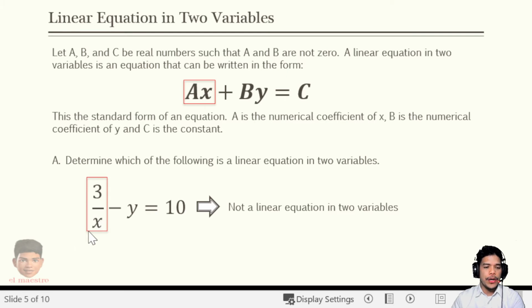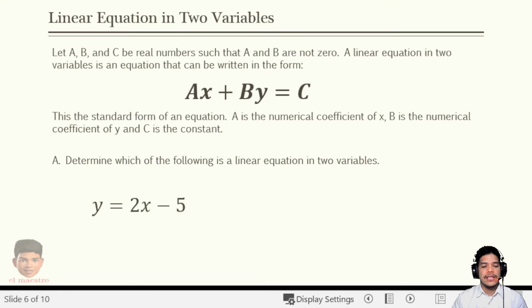Pwedeng fraction yung A natin, pero never na maging fraction yung variable natin. So in this case, this is not a linear equation. Ito yung tandaan nyo. Talaga dapat ganitong form. Merong x term, merong y term, and merong constant term. So later on, pwedeng walang constant, pwedeng meron. Importante meron tayong x and y.